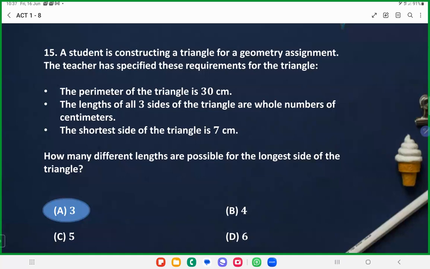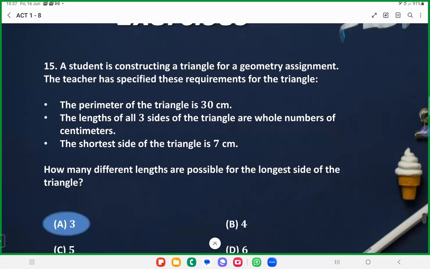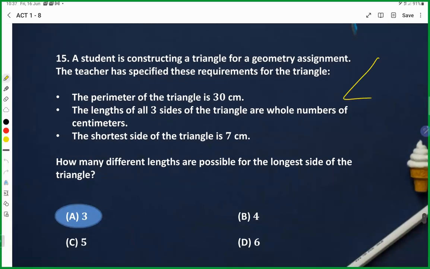The perimeter of the triangle is equal to 30 centimeters. The lengths of all three sides of the triangle are whole numbers, we mean integers. The shortest side of the triangle is equal to 7.